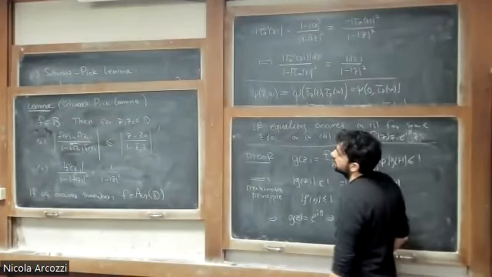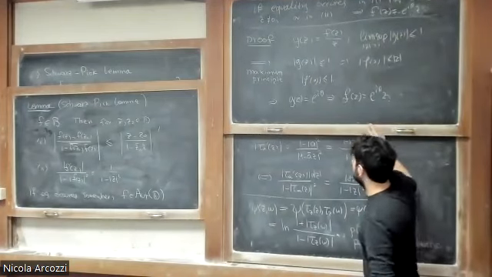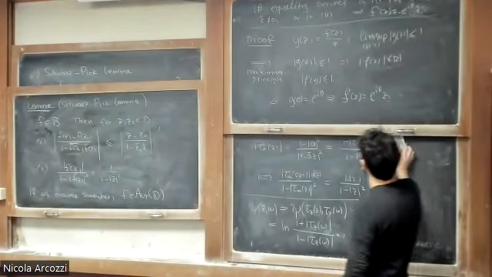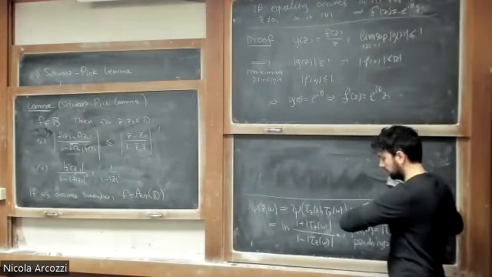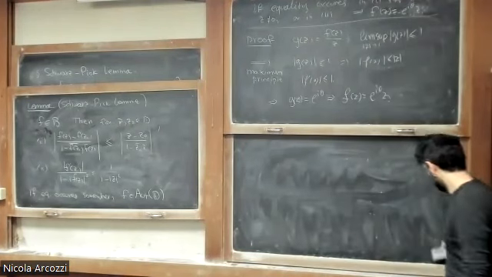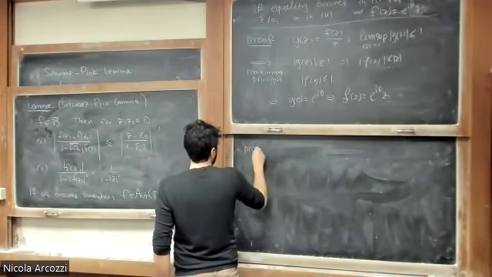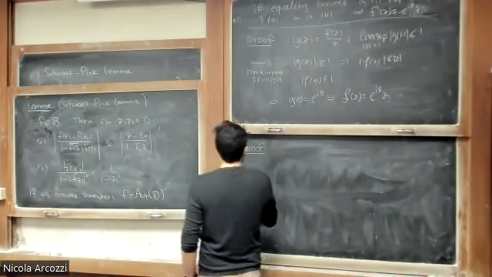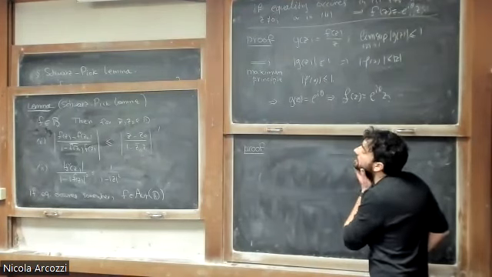And the proof is really just changing coordinates in the original Schwarz lemma. So we want to apply the usual Schwarz lemma.